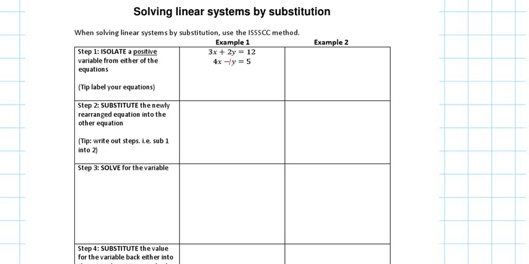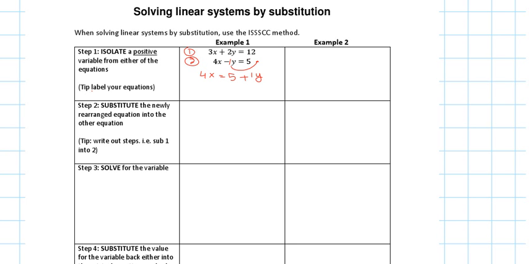So what I can do is bring this over to this side. What does that mean? Positive 4. So this is equation 1, this is equation 2. I'm isolating y from equation number 2. So that's going to be 4x equals 5 plus 1y.